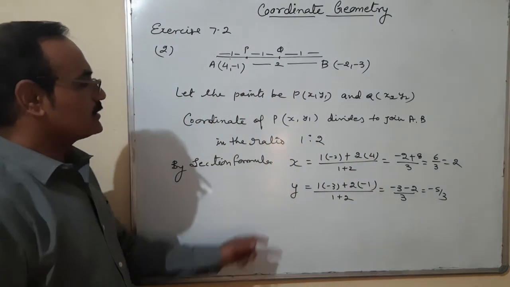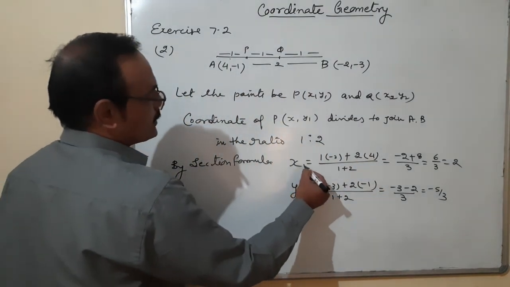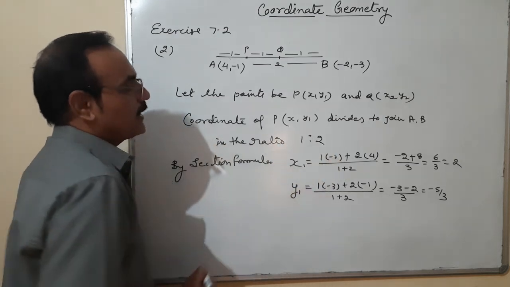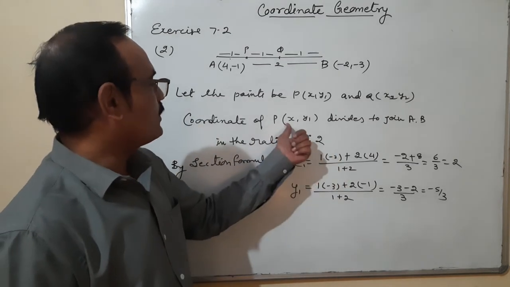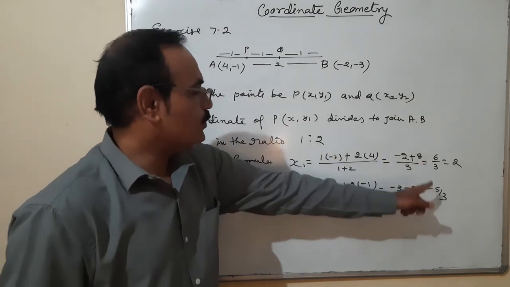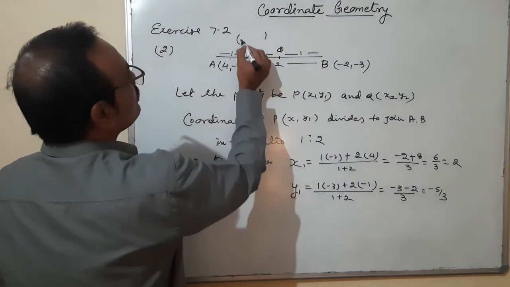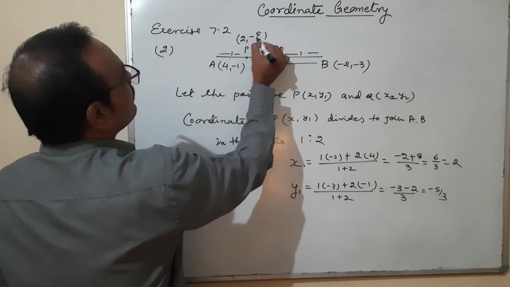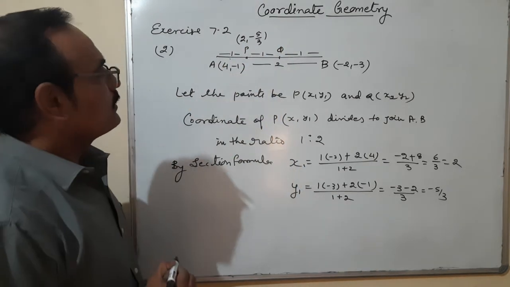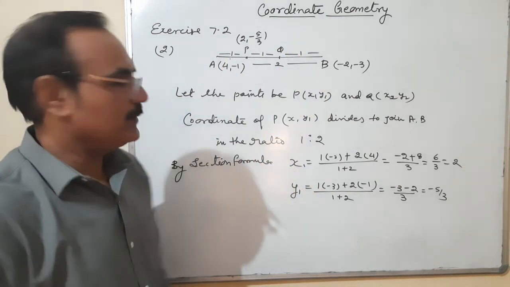So these are the points x1 and y1, because for point P I have taken x1, y1. So the value of point P is 2, -5/3. Got it? Now we are going to find the coordinates of point Q.